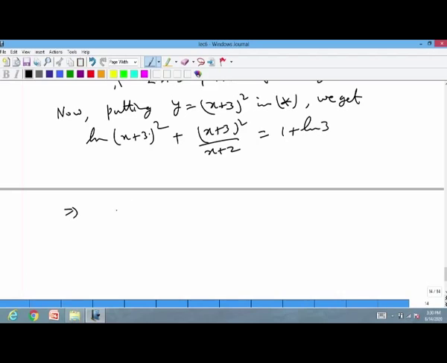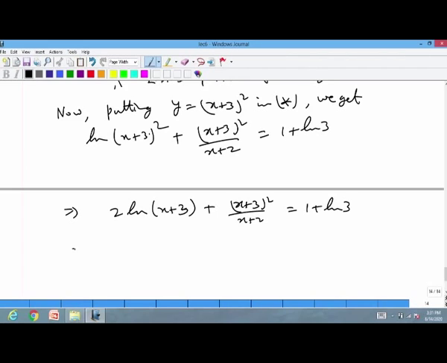That is, 2 log(x+3) plus (x+3)^2/(x+2) equal to 1 plus log 3.